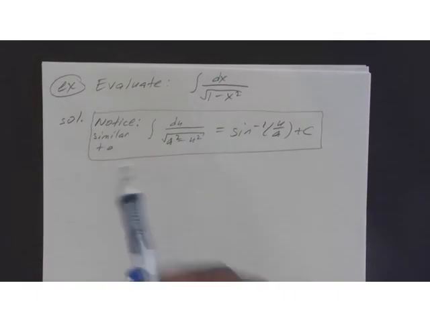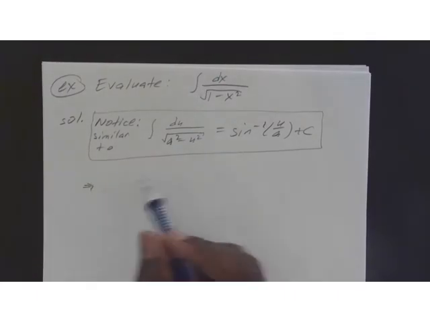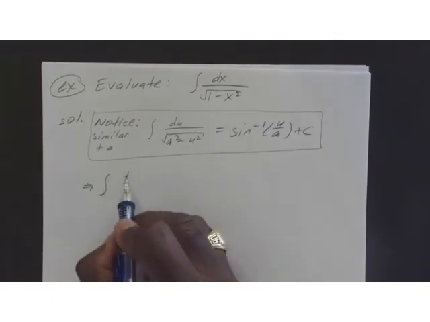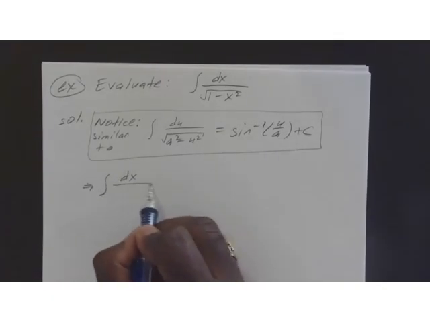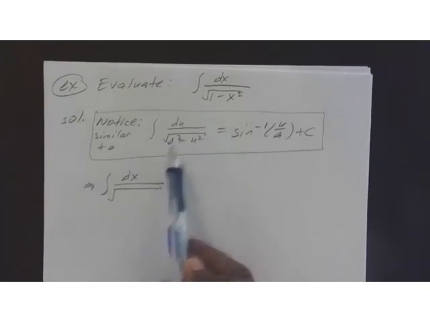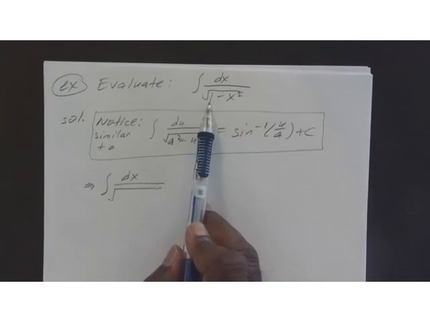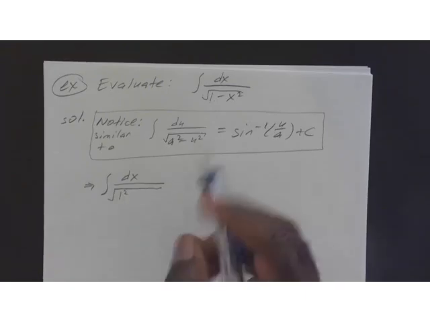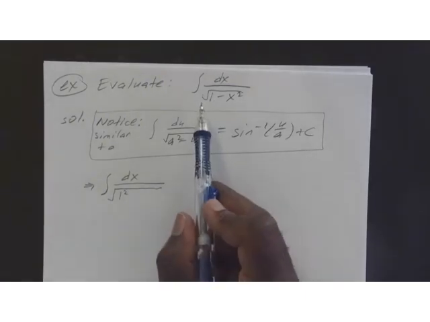So we can take our integral and rewrite it to match this form. The integral of dx divided by the square root of a squared. So that 1, we can rewrite as 1 squared. If we had 25 there, we would rewrite that as 5 squared.